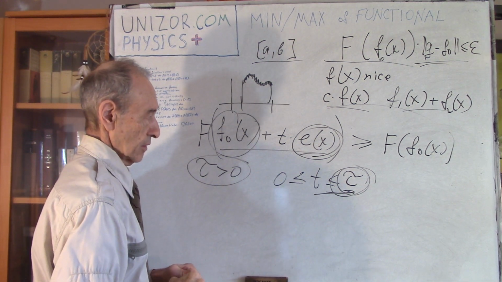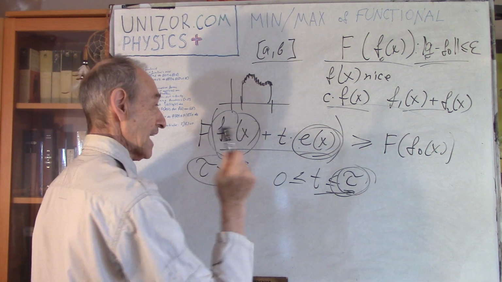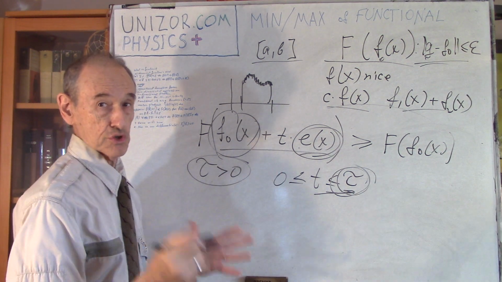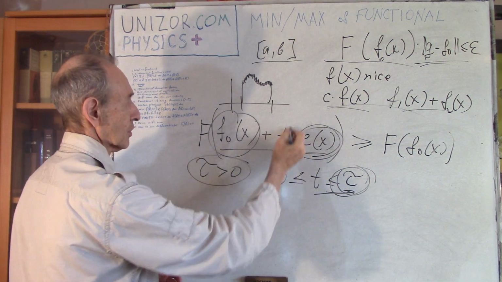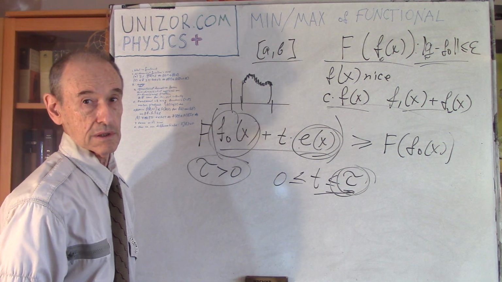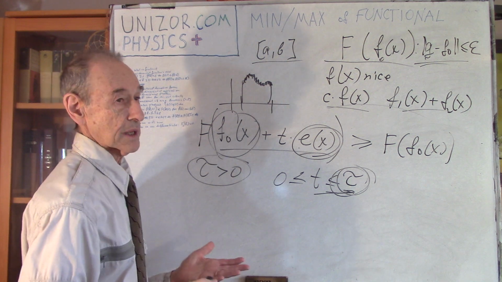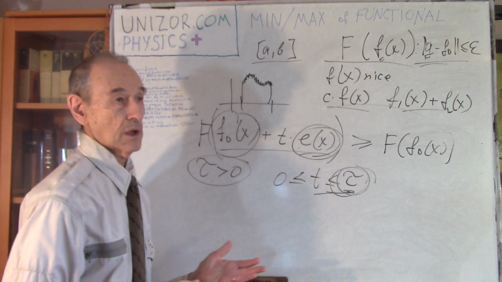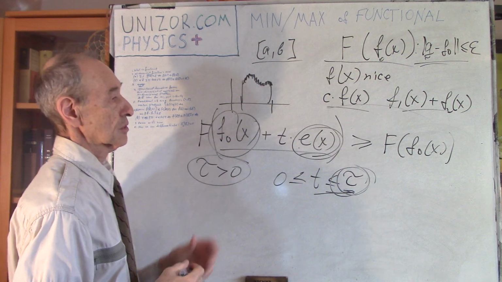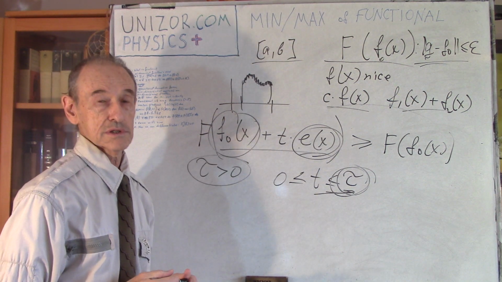Okay, so why is it better? Because for any particular e of x, if we choose it, we can differentiate it, because this is just a function of t. We can differentiate it and find some kind of equation which function f0 is supposed to satisfy.